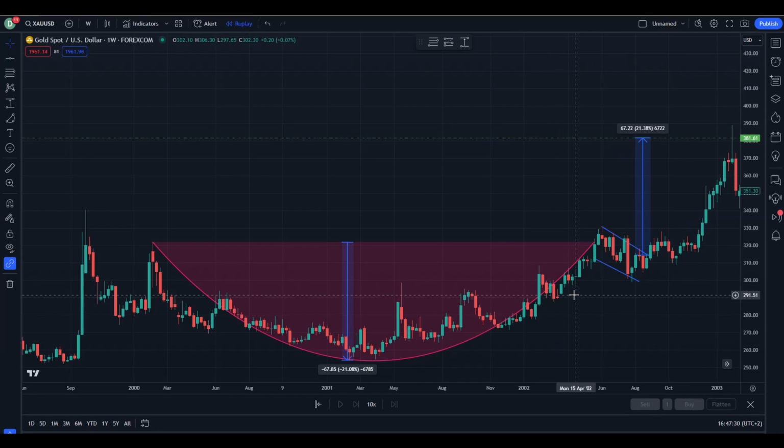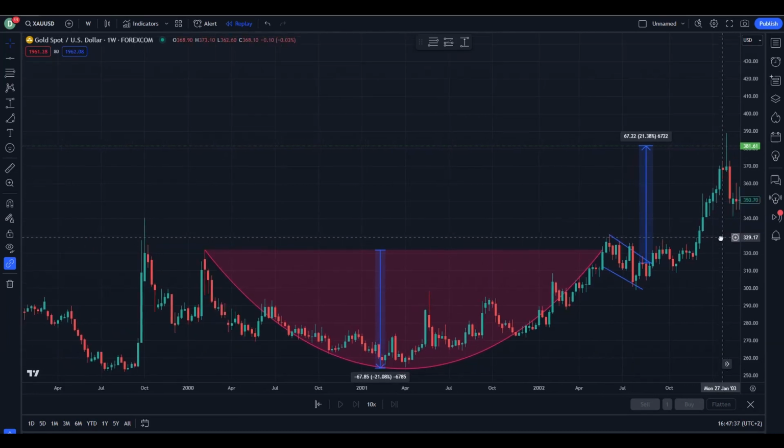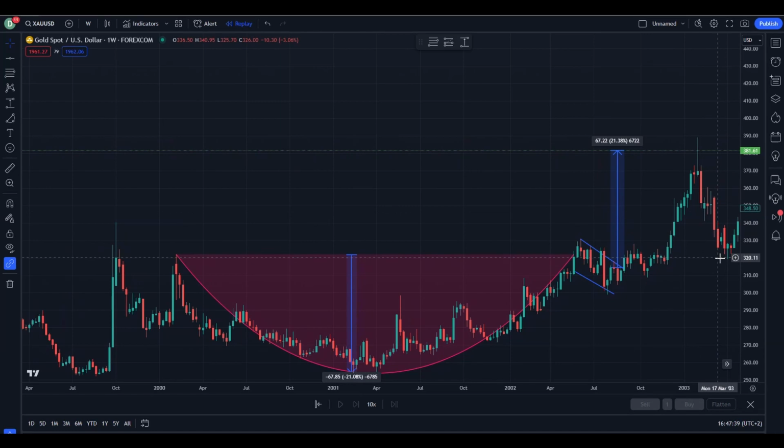But what I wanted to show you here is not only that it reached it, but it managed to also surpass it. Look what happened. The price did a very massive correction, yes, back to the horizontal line of the cup over here.